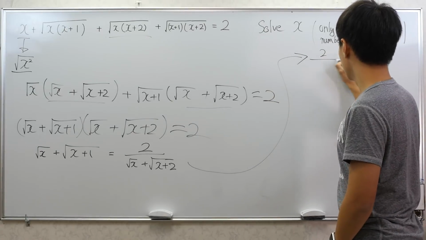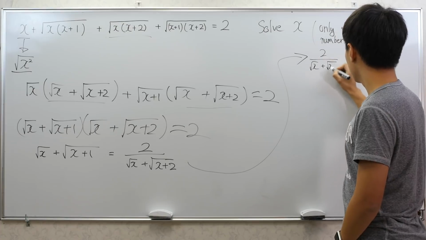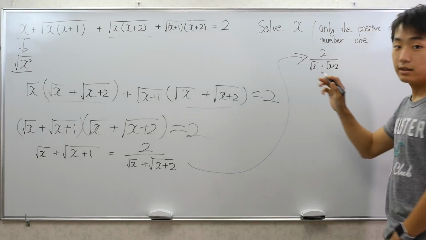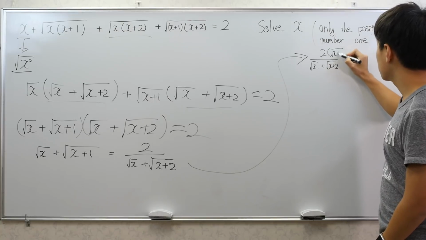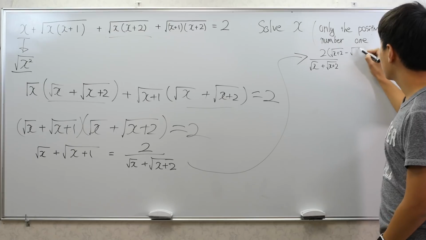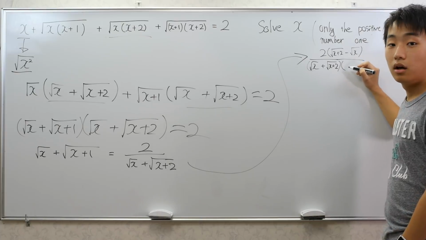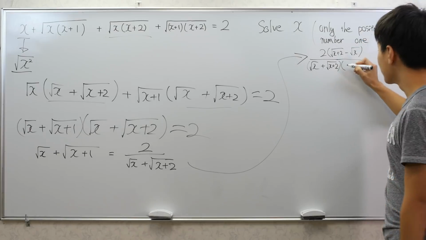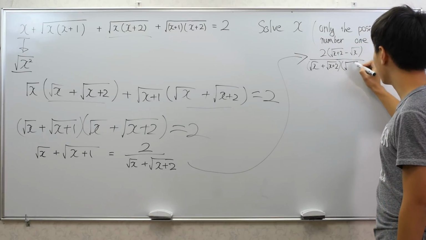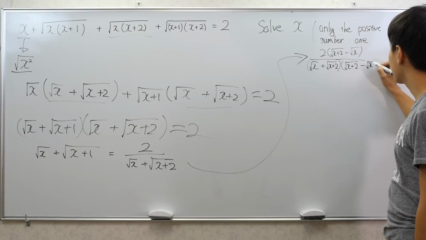So you multiply by square root of x plus 2 minus square root of x on both the denominator and the numerator. Sorry, sometimes I forget English terms for mathematics.